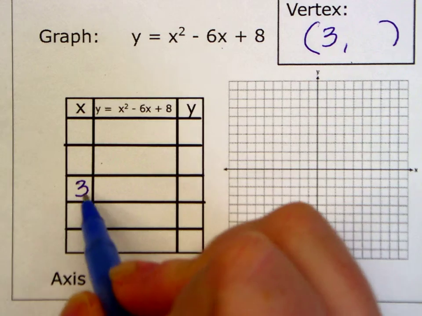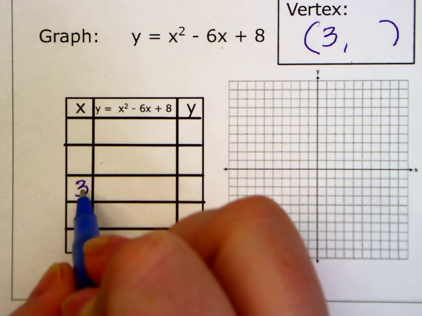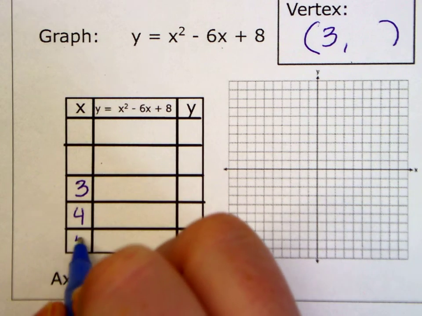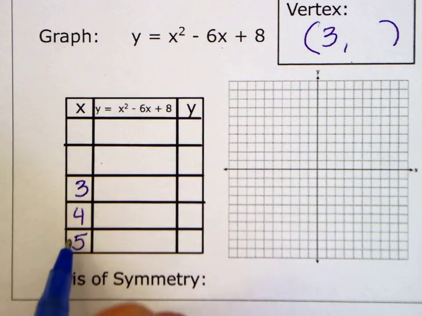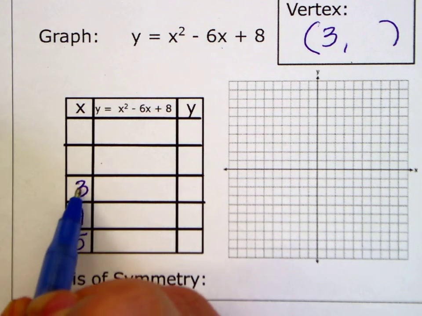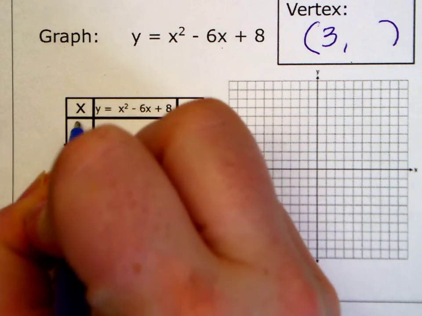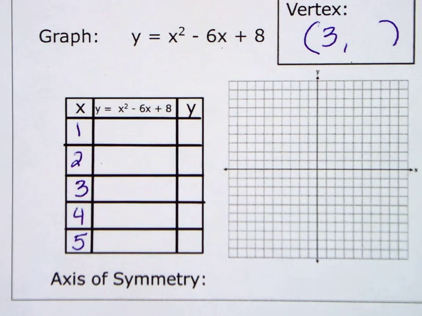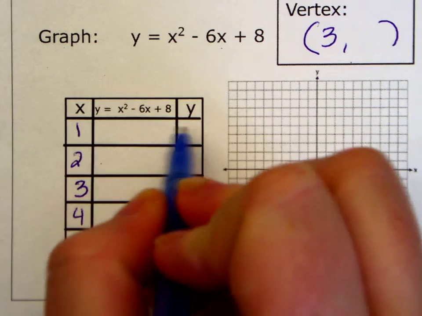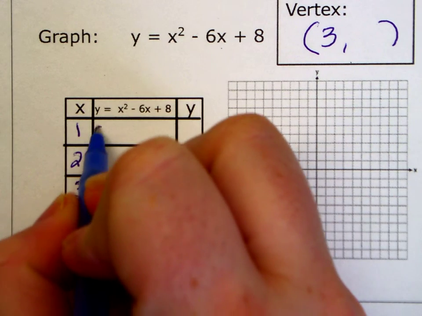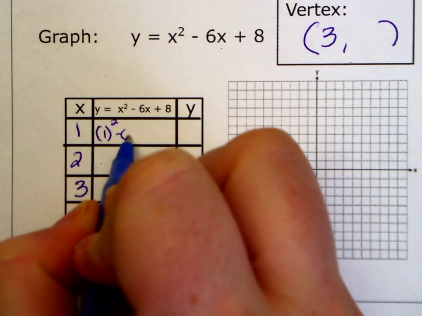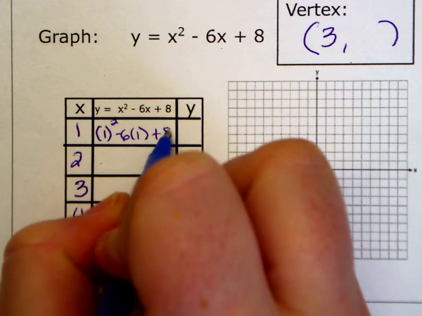If you're counting, what comes after 3? 3, 4, 5. Now I'm going to go backwards: 5, 4, 3, 2, and 1. Now I'm going to evaluate to figure out my y values. We have 1 squared minus 6 times 1 plus 8.